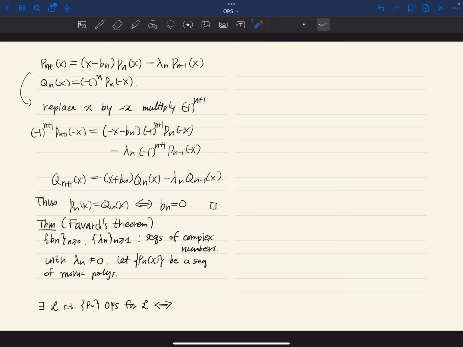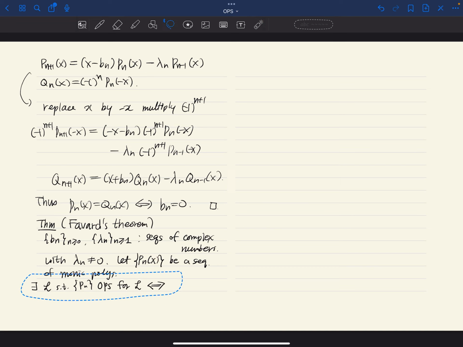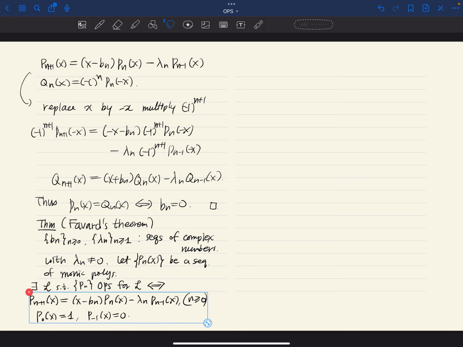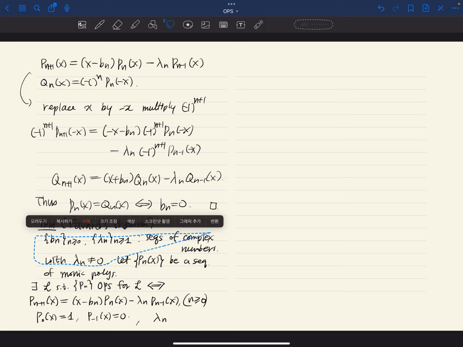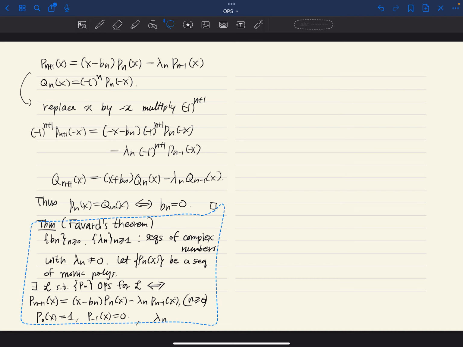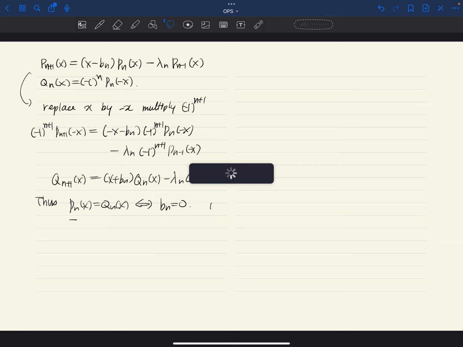And you remember, we always assume that the degree is n, so I don't write that here. Then the statement is that this is an OPS if and only if P n satisfies this, where lambda n is non-zero. Oh, okay. I'm sorry, I think I messed up. I'll start over. I didn't want to write this all the way over here. Okay, sorry, let's have a fresh start here.